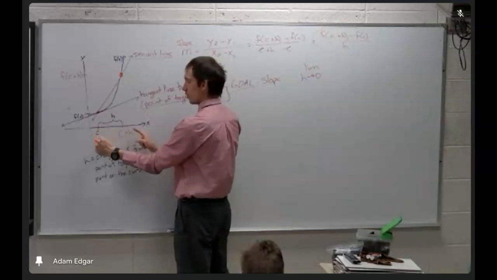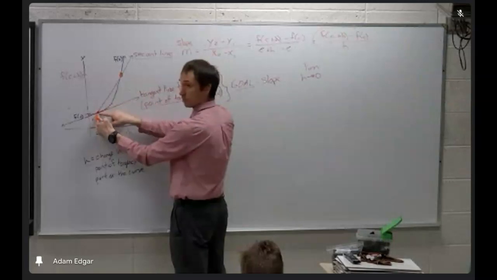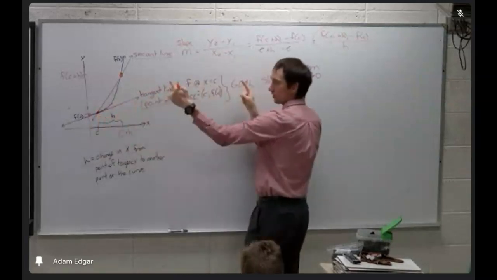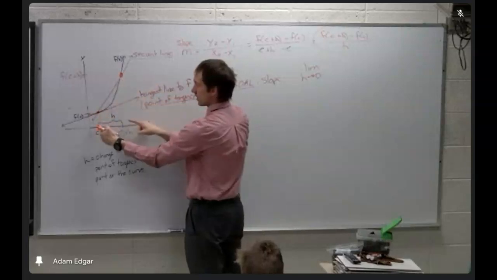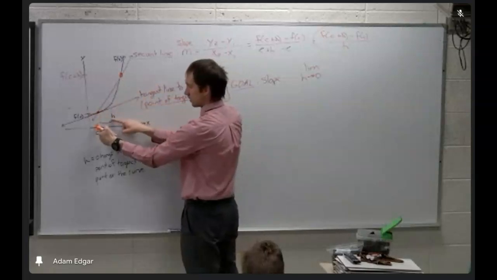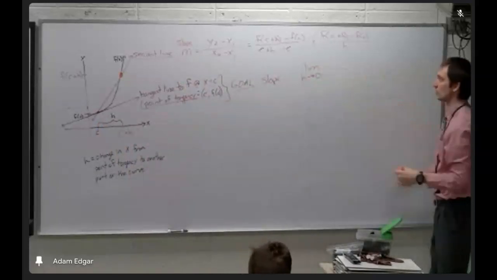So we're going to bring this point down the curve so that it's closer and closer to the point of tangency, because our goal is the tangent line. And as we bring these points together, h gets tinier and tinier. H heads towards 0. So we're taking the limit as h heads towards 0 of this thing.